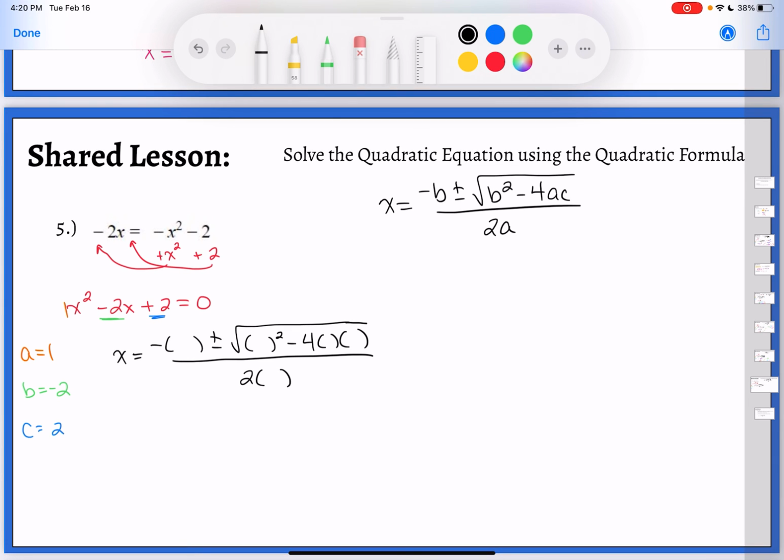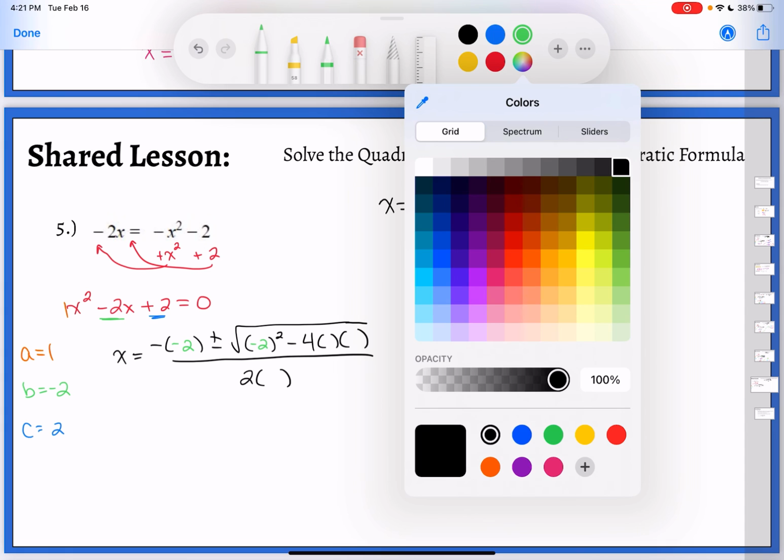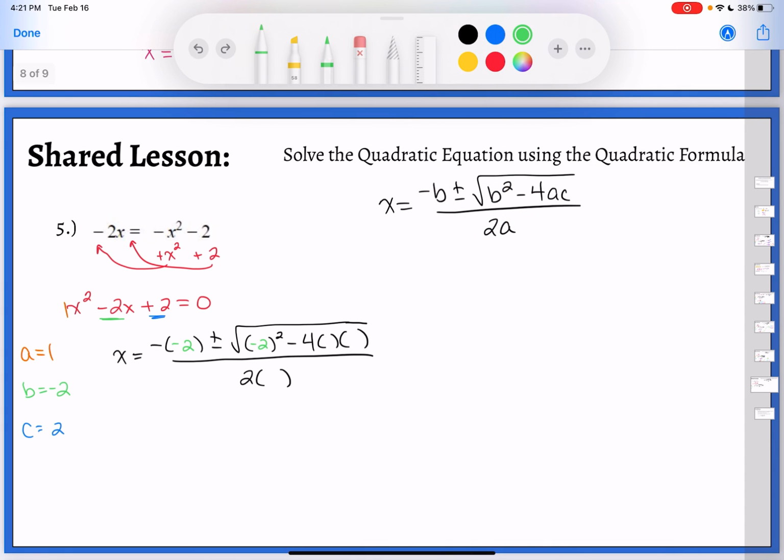Okay, so negative b squared minus 4ac, a is 1, whoops, b is positive 2. Everything in its right spots here. Okay, watching my negatives to start out with. 2 negatives make a positive, so I get x equals positive 4 plus or minus the square root.